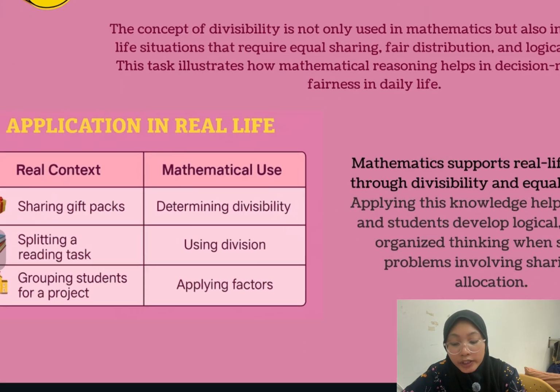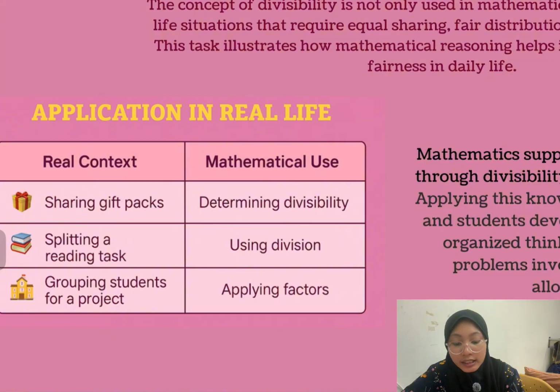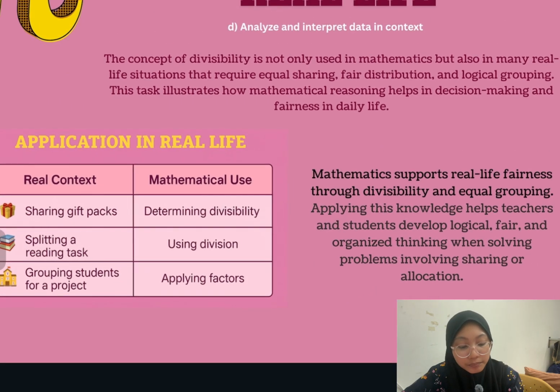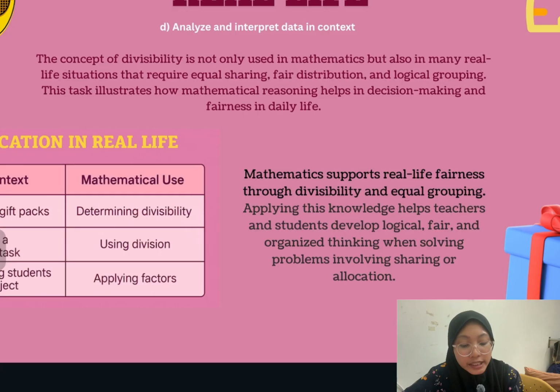So for application in real life, we can see in the table: real context, sharing give-backs. The mathematical use is determining divisibility. Next is splitting a reading task, where we use division. The last is grouping students for a project, where we apply factors. Mathematics supports real-life fairness through divisibility and equal grouping.